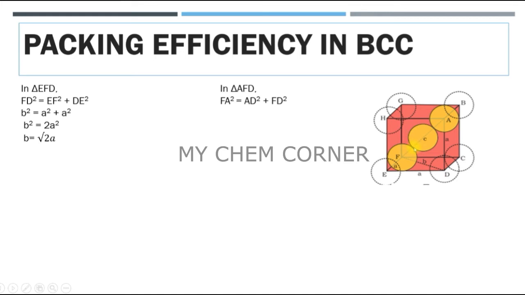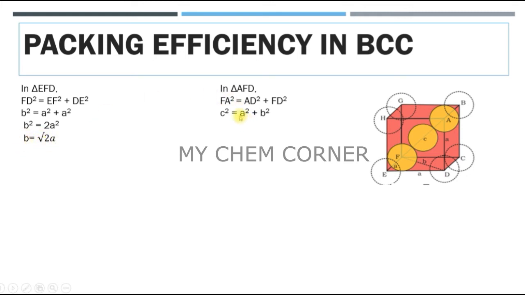Now we'll just substitute the values into it. So FA is nothing but C, AD is A and FD is going to be B. So when you put that, you will get an equation like this. Now every term here is different. You don't have further calculation, but there is one way where you can make it simple. We have just calculated what B is, which is root 2A.